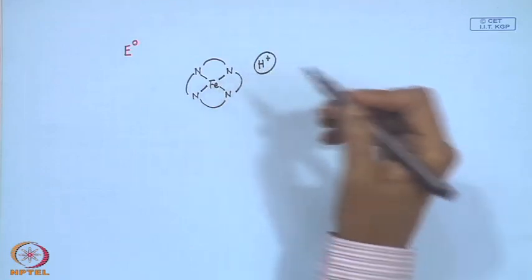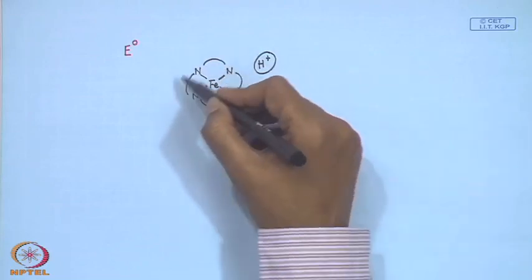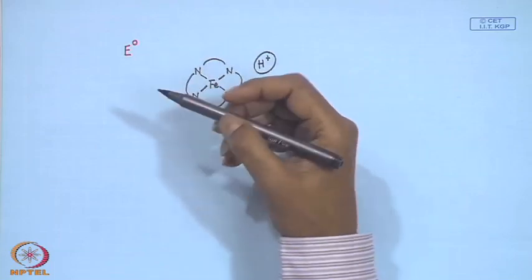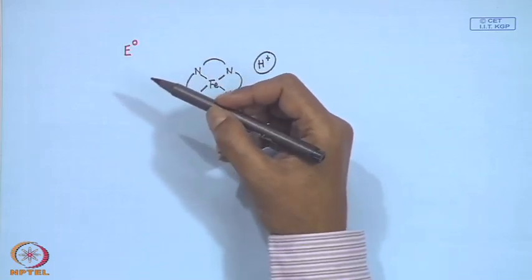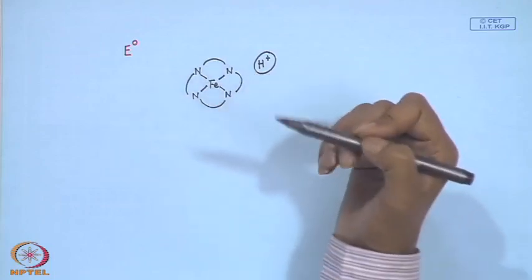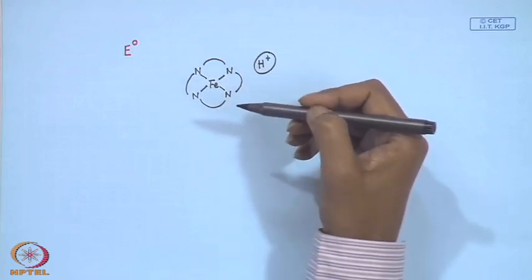So, this proton can remain in the reaction medium as H plus, which is not directly attaching to the cytochrome site, like what happened with our NADPH, because in case of NADPH it has also the corresponding proton demand for the corresponding electron transfer.